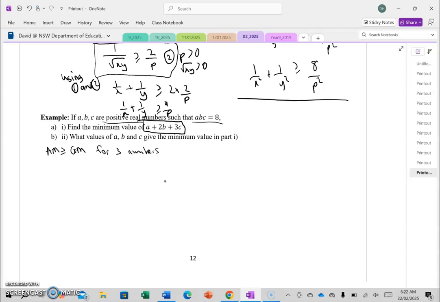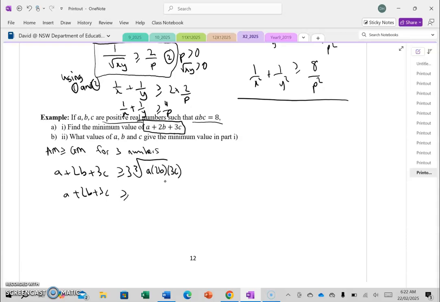And what I'm going to do is make the 3 numbers a, 2b, and 3c. So that'll be greater than or equal to 3 times the cube root of the product of those numbers. So that would be a times 2b times 3c. Remember that this is a minimum when the 3 numbers are equal.